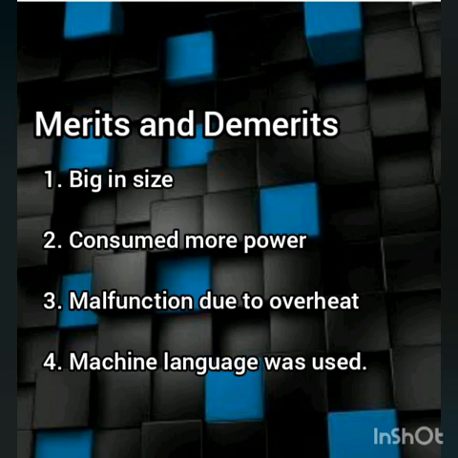They can understand only 0 or 1. All the communications we do with the computer will be converted into binary digits. So, in the first generation, only machine language was used. These are all the disadvantages faced in the first generation.